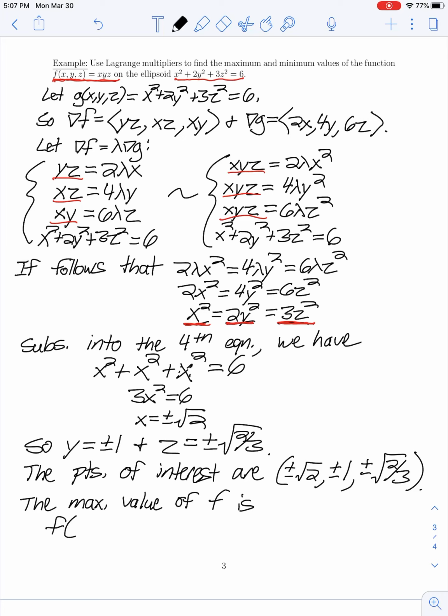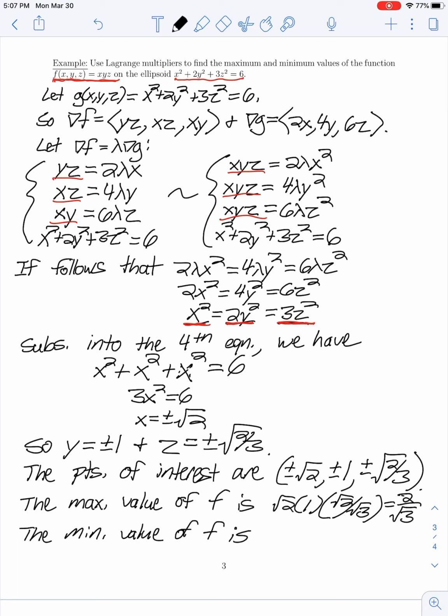It is the value of f when all three of our values are positive, or two negatives and a positive, and the value of our function at that point would be the positive square root of 2 times 1 times square root of 2 over square root of 3, which leaves us with 2 over the square root of 3.